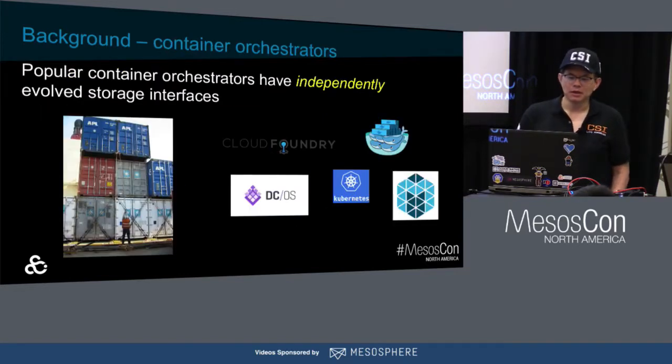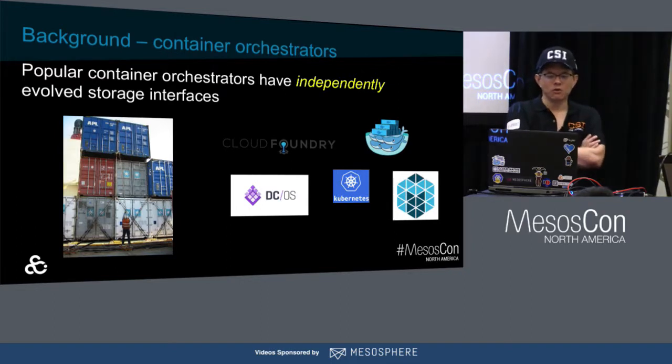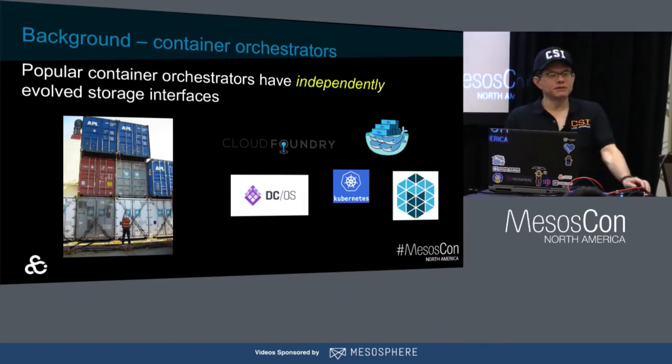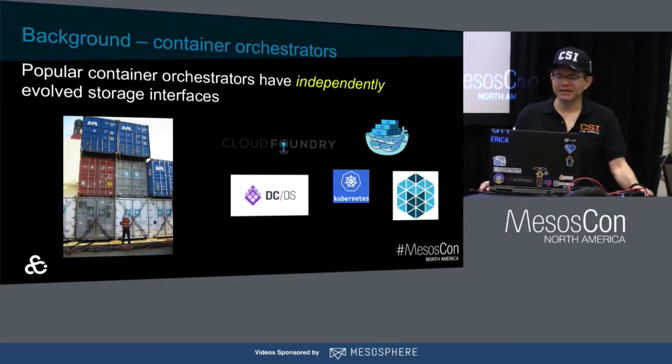From the perspective of the container orchestrator developers, and these would be Mesos, but also DCOS, Cloud Foundry, Kubernetes, Docker Swarm. These platforms have, over the past years, essentially all added support for external persistent volume mounts, but they did it independently, and as a result, these implementations are inconsistent.